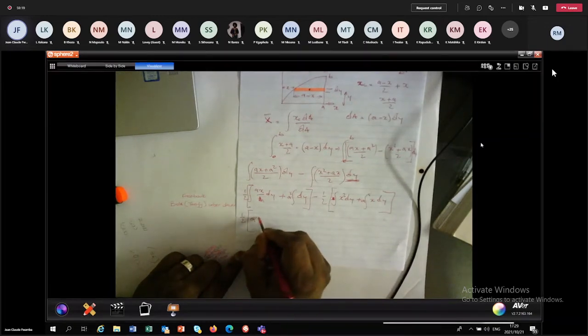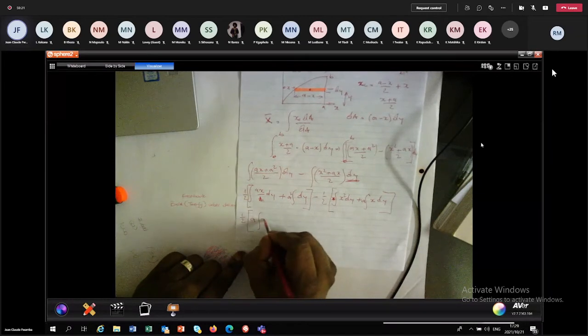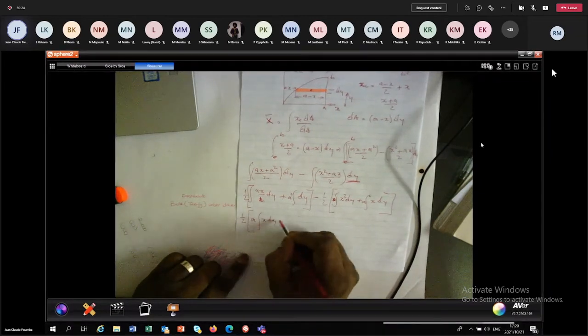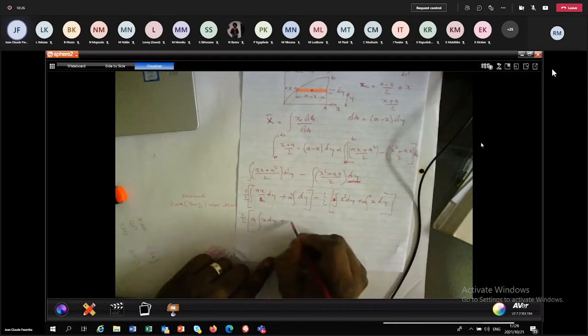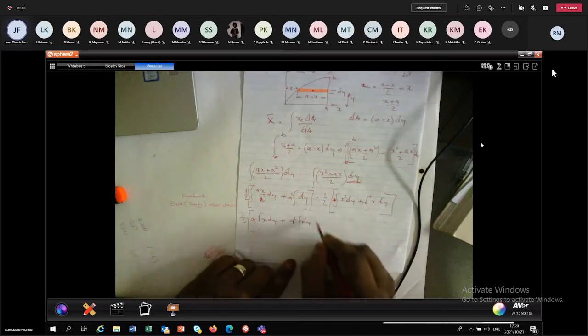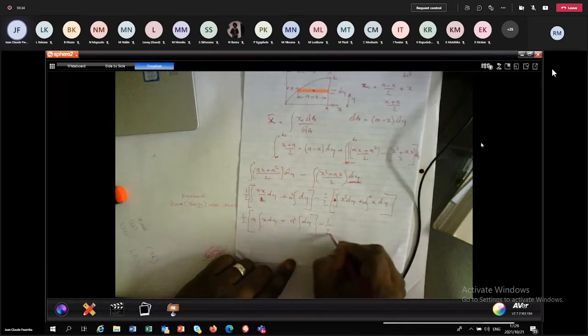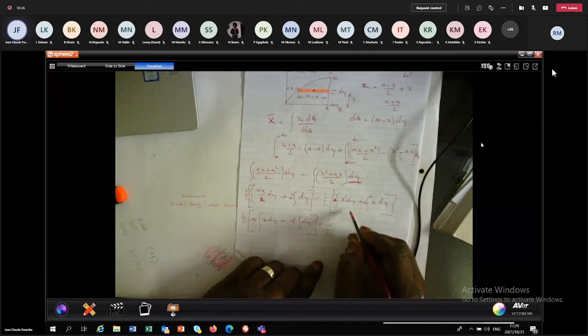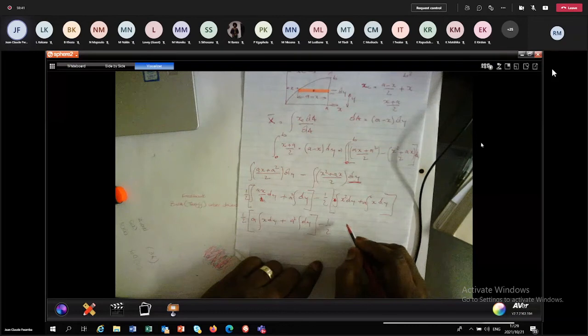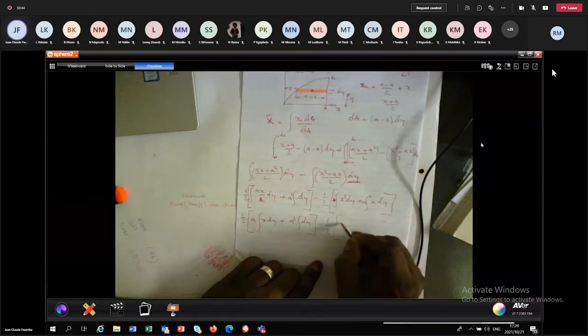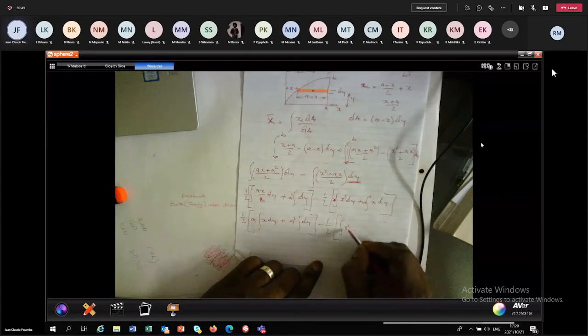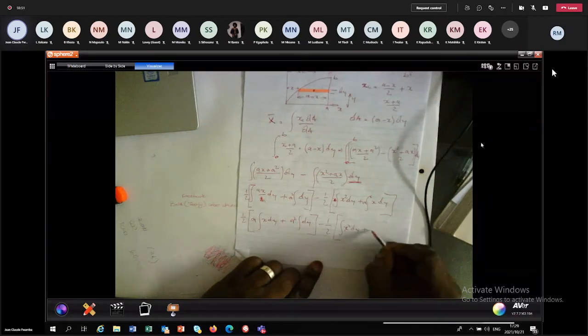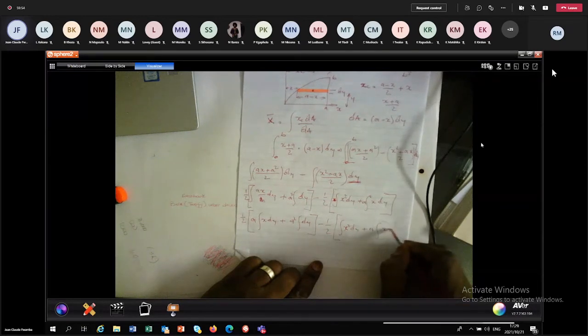It will be the integration of x dy plus a squared times the integration of dy, minus 1/2, and now the integration of x squared dy plus a times the integration of x dy.